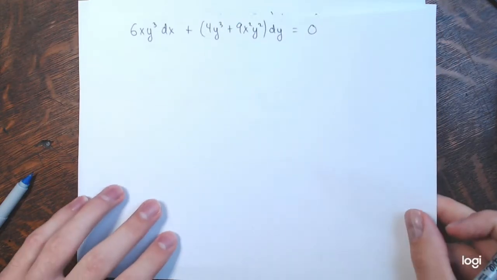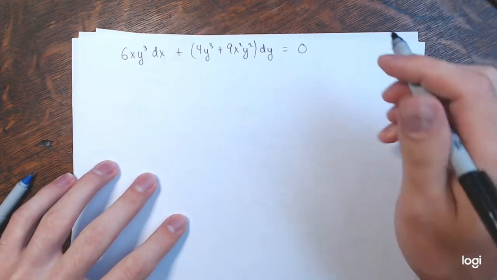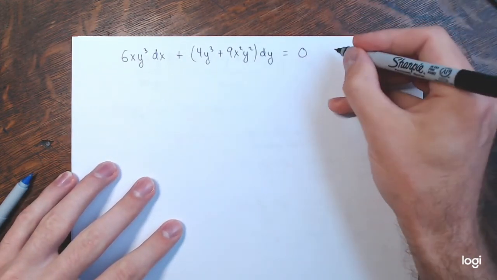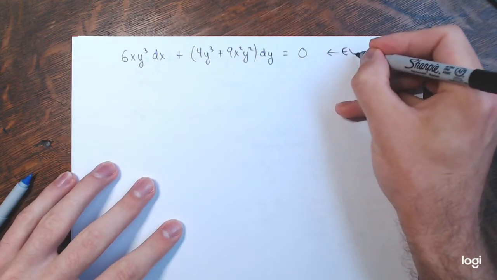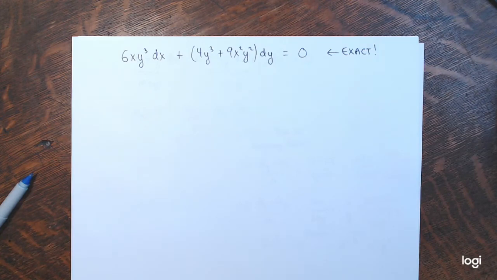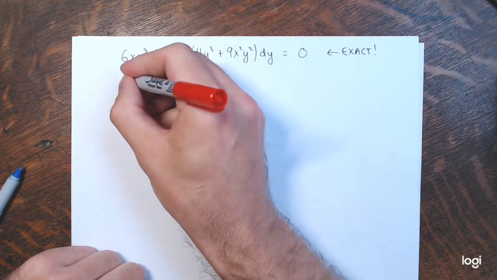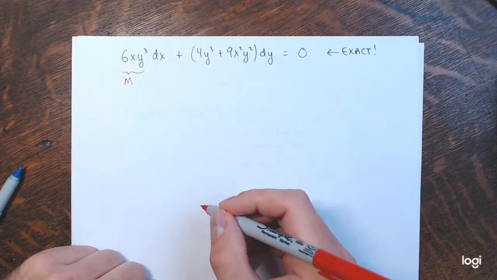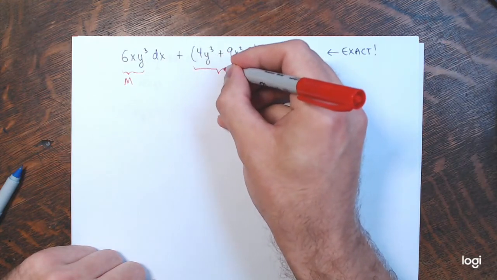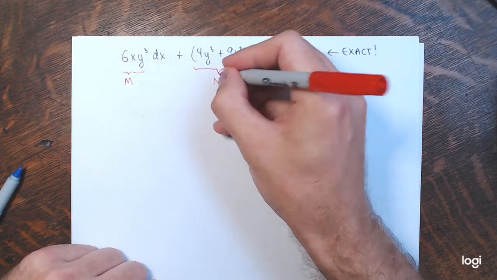So now this equation, the way it looks now, should be exact if my integrating factor was correct. Let's just double check that. This 6xy cubed, I'll call that our new M of x,y. And then this 4y cubed plus 9x squared y squared, I'll call that our new N.